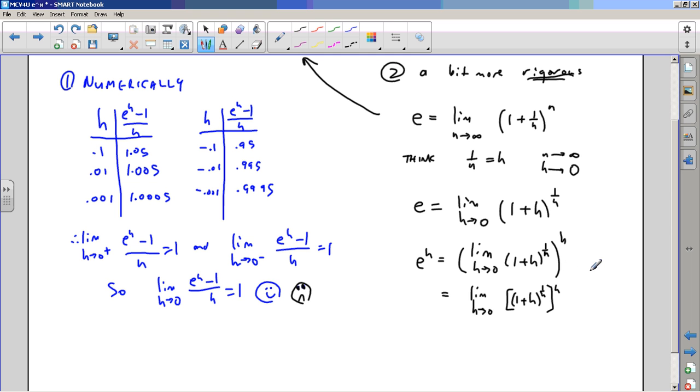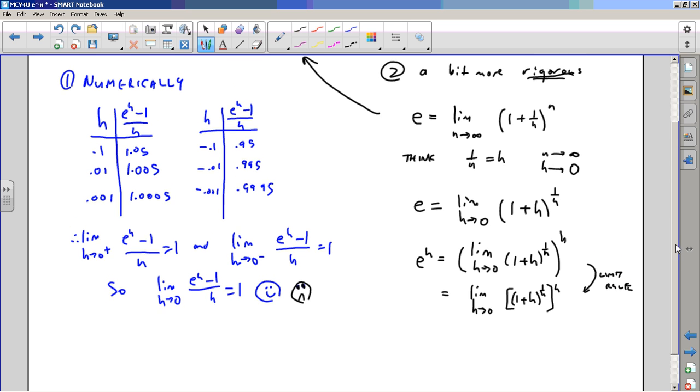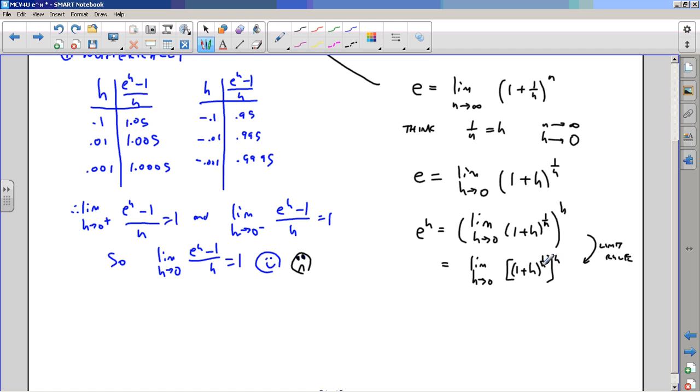This is a limit rule. No tricks yet. This is all good math so far. But then I've got 1 over h to the exponent h. Those exponents cancel. You see that?